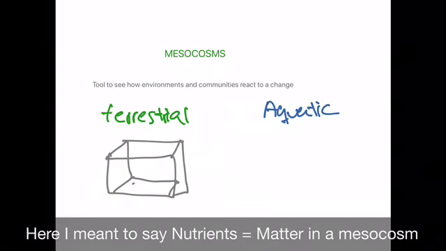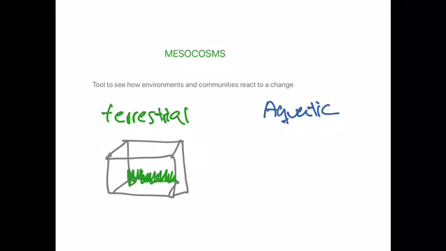So we can check how an increase in temperature, for example, may affect the rate of growth of grass. Or we can check how an increase in temperature may affect the rate of photosynthesis by adding some carbon dioxide sensors in there or some oxygen sensors.